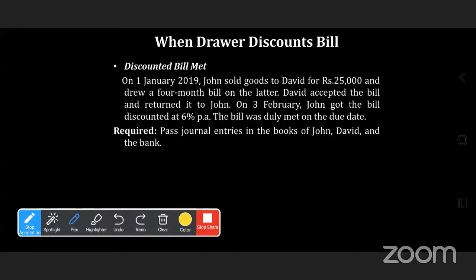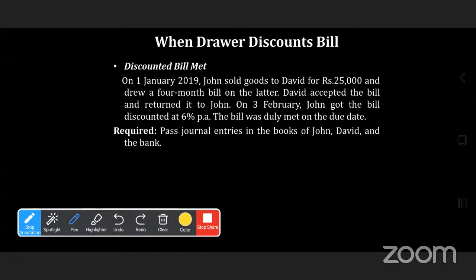Now let us see this problem: discounted bill met. The bill was discounted and this bill was met by the drawer. On January 1st, 2019, John sold goods to David for rupees 25,000 and drew a 4-month bill on him. John is the seller, who sold goods to David, the purchaser.